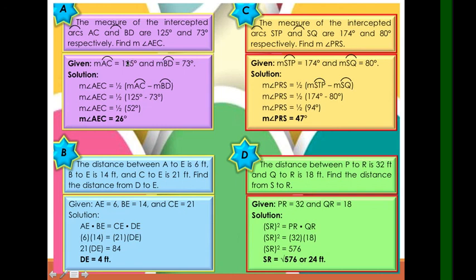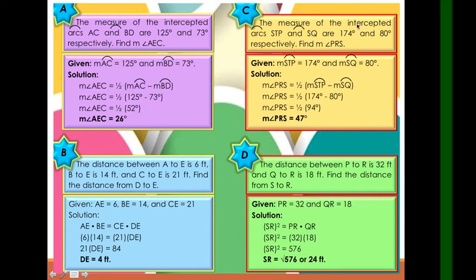So based from the theorem that I discussed in our previous video about the proving theorem about tangent, secant, and segments, it is equal to 1/2 the absolute value of the difference of arc AC minus arc BD. So we have 125 minus 73 over 2, the answer is 26. Therefore, the angle AEC is equal to 26.